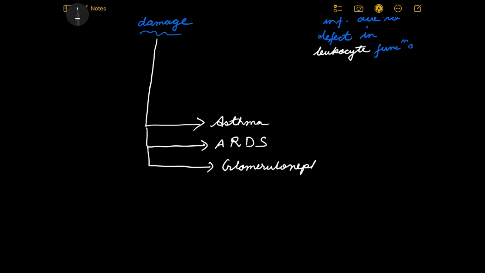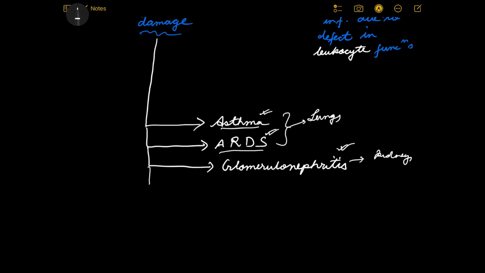These are all very extensive topics within themselves, and we cannot talk about them individually. We can only exemplify, because all of these are conditions which are associated with different organ systems. For example, asthma and acute respiratory distress syndrome are conditions of the lungs. Glomerulonephritis, kidneys.